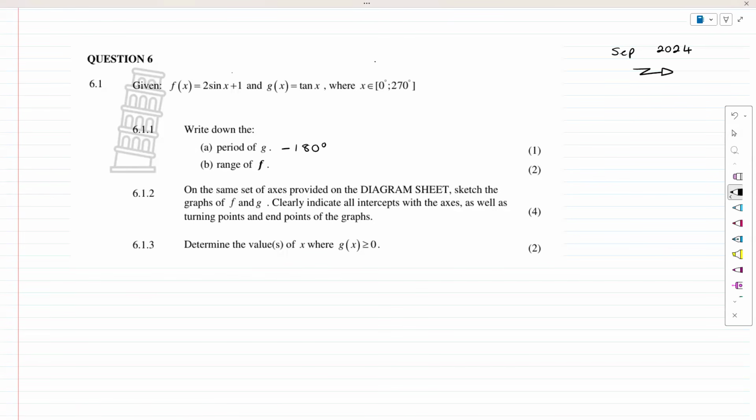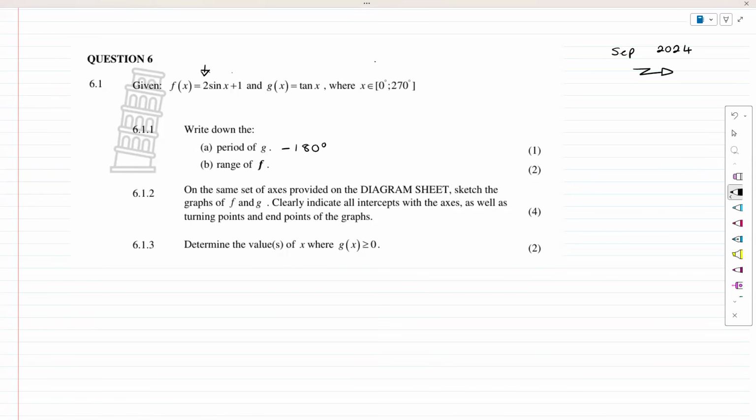Now, without even looking at F, we know that the amplitude is 2. We know in general, actually, we can draw this graph. You can actually put it into the calculator. I think for you guys, without understanding it, put it into the calculator. Press mode, press table, press 2 sine x, close bracket, plus 1. G of x is there.